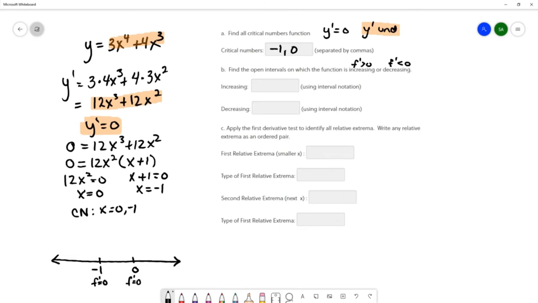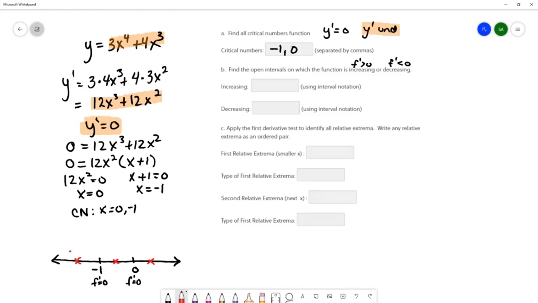And when the derivative is equal to 0 is an opportunity for the derivative to change signs from positive to negative. So we use these critical numbers to divide up our number line, and we're going to test these different intervals to see whether the derivative is positive or negative. So we're going to pick test points in each one of these intervals.